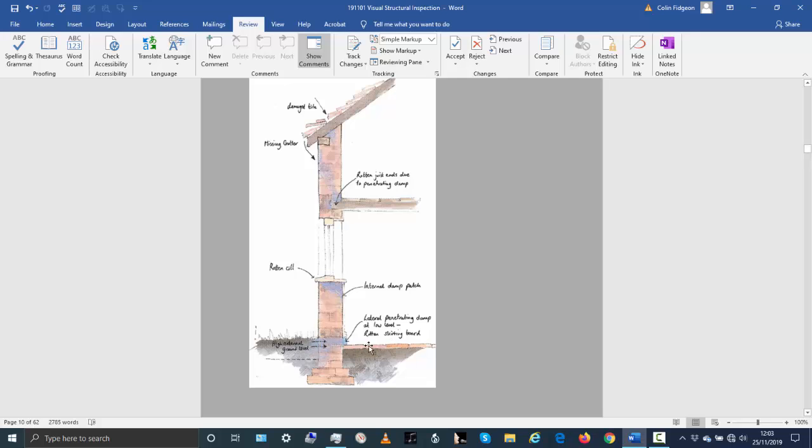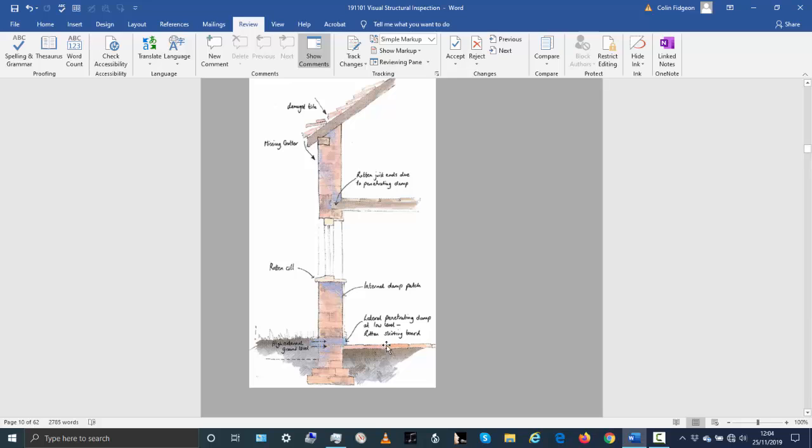And when it's like that, now this is not an old stone wall, it's a brick wall, but it's a solid wall. There's no cavity barrier, so it's good for just illustrating for my purposes. So what you have here is the ground is higher, and then if there's any moisture in the ground, it will just cross through the wall and you'll get a damp patch here.